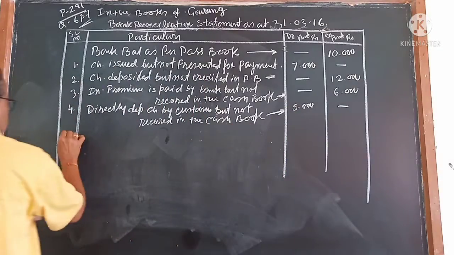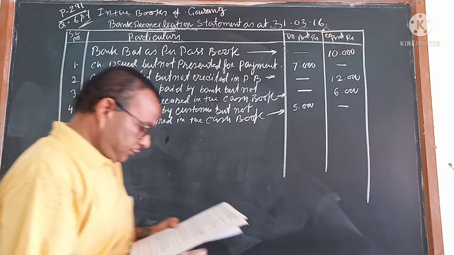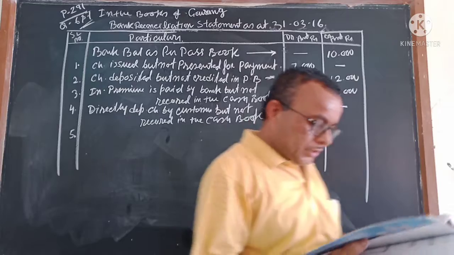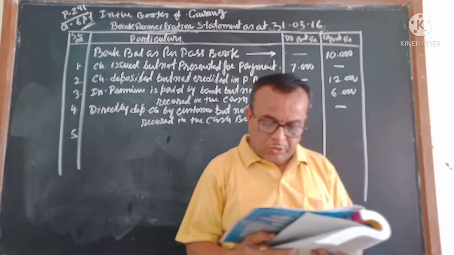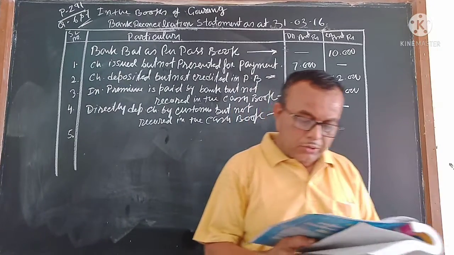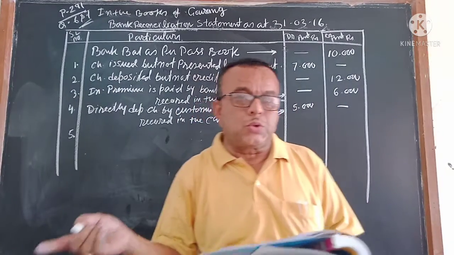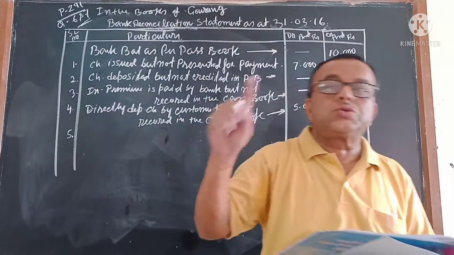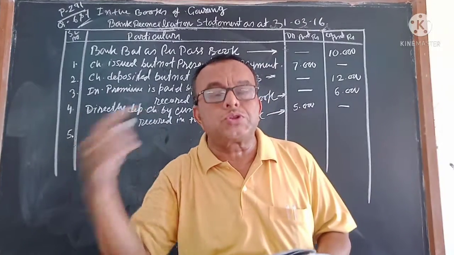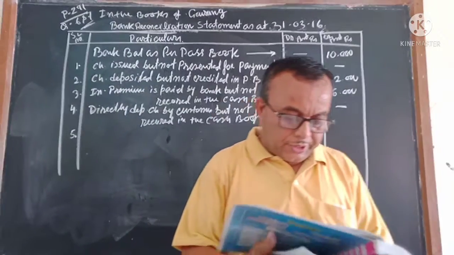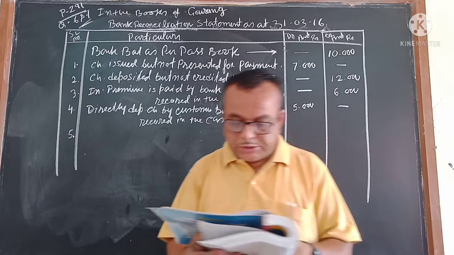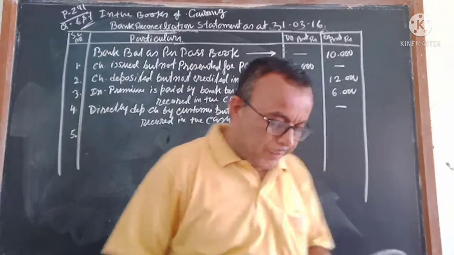This is number 5. Bank has credited interest of rupees 200 and recorded it in the passbook but not recorded in the cash book. Recorded in the cash book, or not recorded in the passbook, or maybe the reverse; then you should take the decision. Recorded in the cash book means whether it is a debit or a credit. Bank has credited interest. The bank credited, so I should debit it.